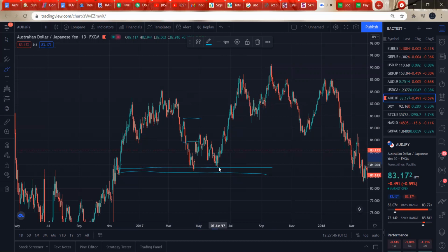So when this upward movement starts to happen, the first thing it's going to do, when it gets to the first lower low, is retrace. So that is your TP1.